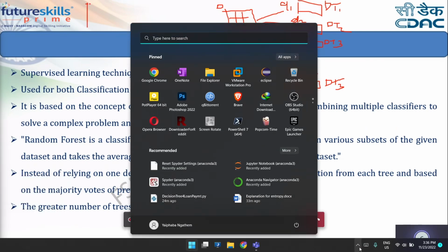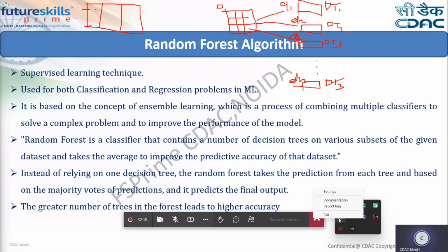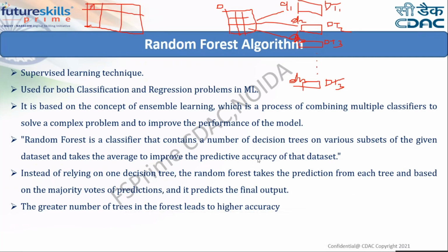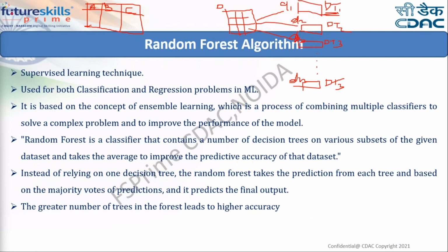Suppose I have attributes A, B, C in my data set. When you are creating a decision tree over here, you have a random sample data set, D1. Now, instead of considering all three attributes, maybe you consider only two attributes to select your root node.